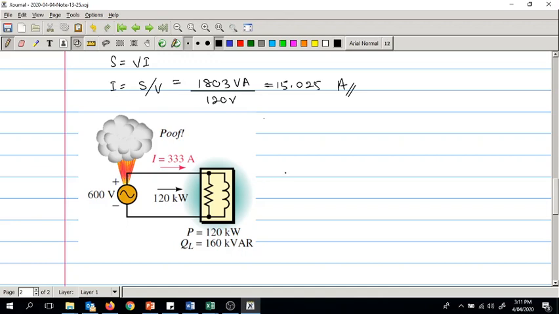S is equal to the square root of P squared plus Q squared, which is the square root of 120 squared plus 160 squared, in kVA. The square root of 120 squared plus 160 squared is 200, right?